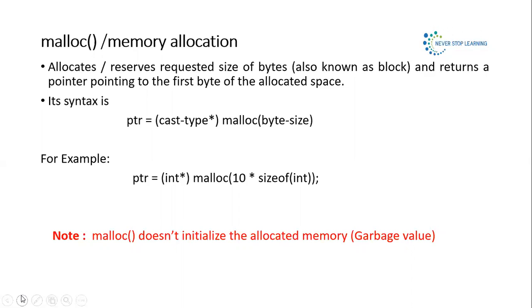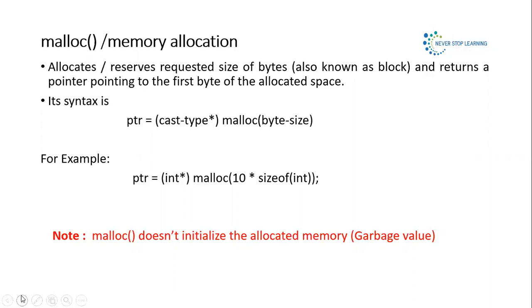In this malloc function, we will be seeing how exactly we allocate the memory dynamically using one code in C language. So malloc is a C inbuilt function, or I should say it's a method for allocating the memory dynamically.